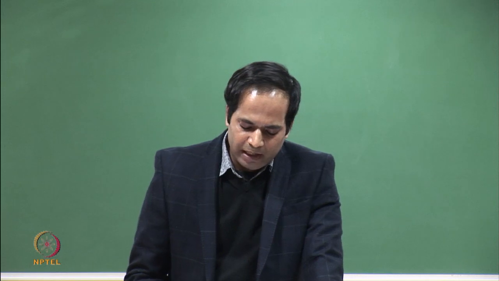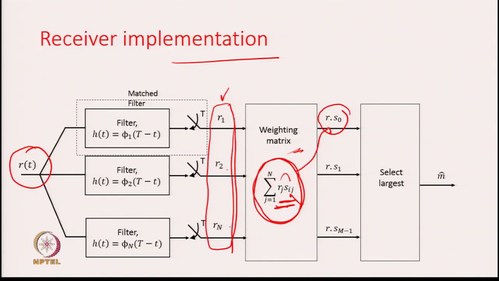Okay. So, what this weighting matrix actually gives me is the inner product of the received waveform with all signals, assuming that there are M signals involved here. Now, based on these outputs, the receiver selects the possible transmitted signal.